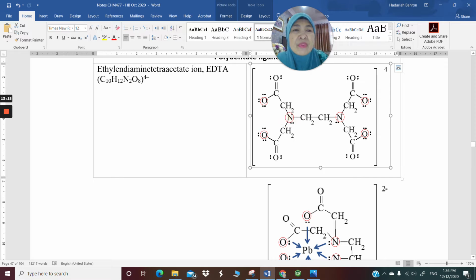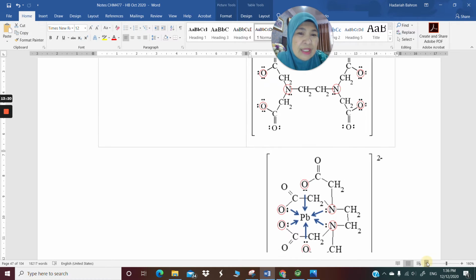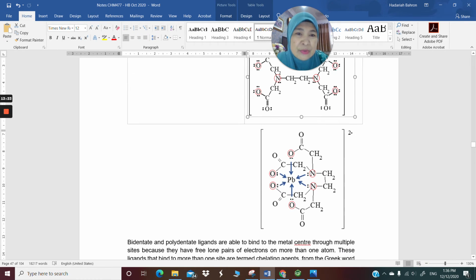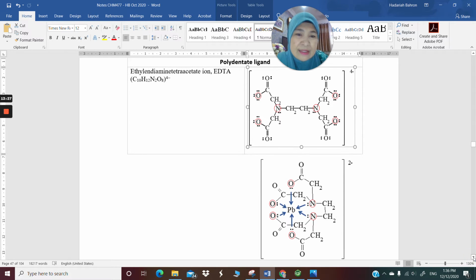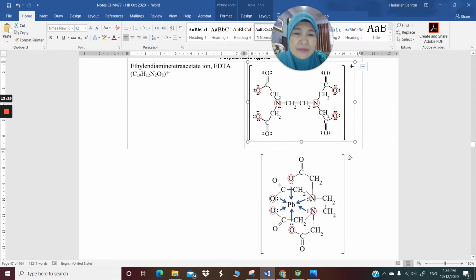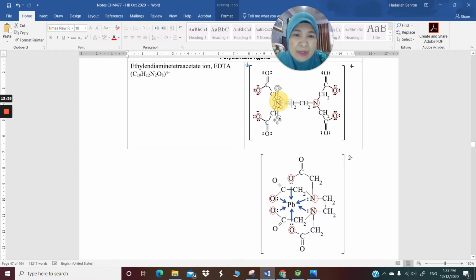So if you want to see how EDTA is bonded to a metal center, you can have a look at this diagram here. That nitrogen over there is this nitrogen. So the lone pair of nitrogen is donated to this lead, which is a metal center.